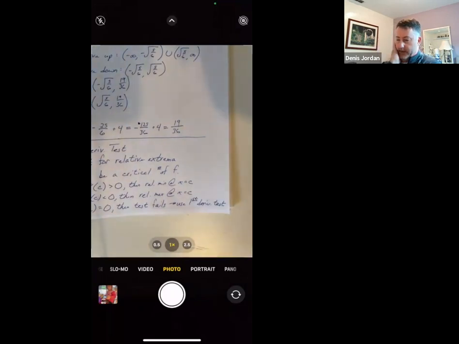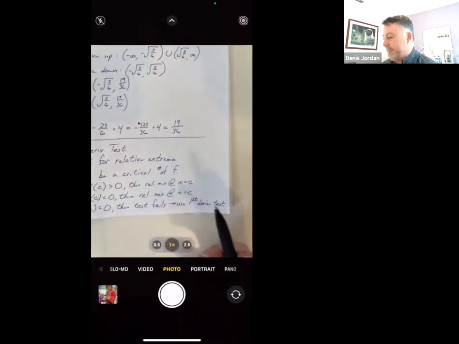I've said it before, when I was in Calc 1, the only time I ever used the second derivative test is pretty much when it told me to. Because I was like, well, if it has a possibility of failing, I'm just going to use the first derivative test anyway. Plus, you have to get your critical numbers, so you're kind of right there to use it.